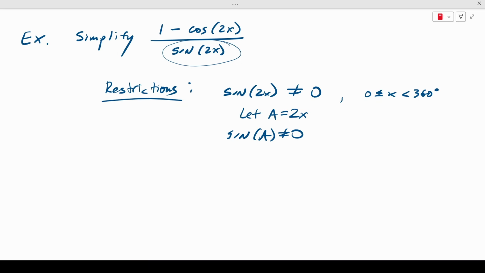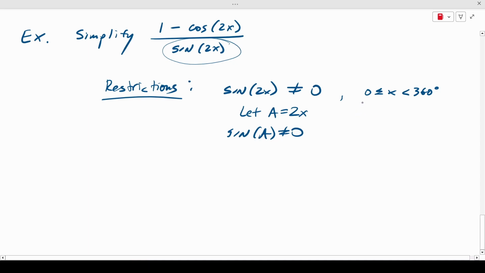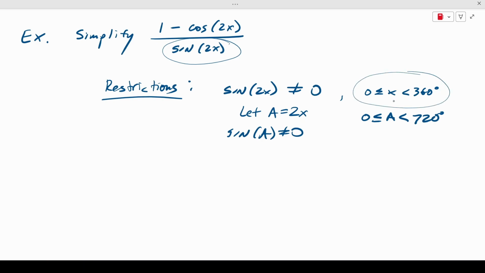So that means that a is going to go from 2 times 0, that's 0, up to 2 times 360, that's 720. Okay? So in order to get the restrictions of one circle worth of x, we have to actually go 2 circles worth of a.